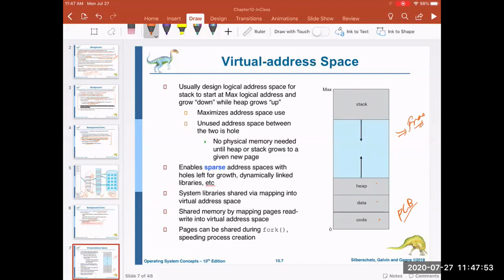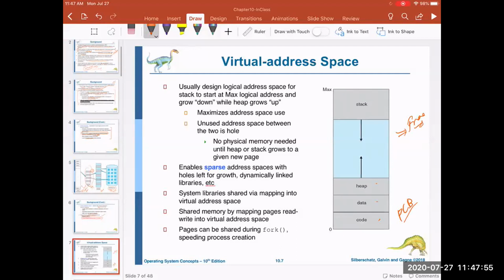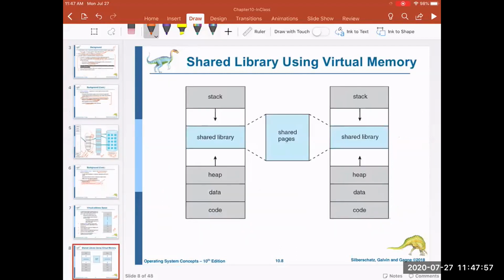Now we can also share some pages. Like this is the PCB for process 1, and this is the PCB for process 2. We can share some pages here. This is a shared library, and this is the same shared library, and it could be stored in frame numbers, let us suppose, 1 to 4.